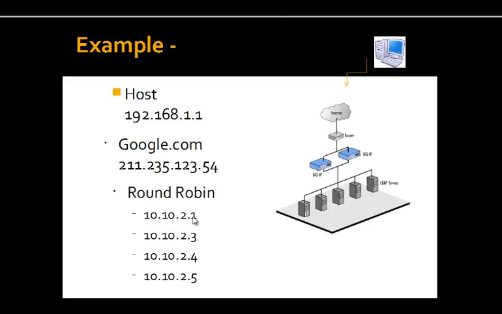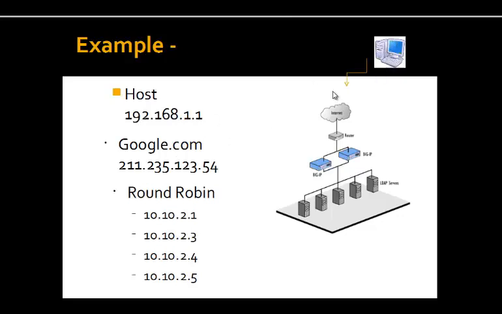These all could be one server. You can have virtual servers. You can have 1, 2, 3, 4, at least physically. You could have one box with 4 VMs on it, or 4 boxes with no VMs on it. So again, an end user at host 192.168.1.1 wants to go to google.com.